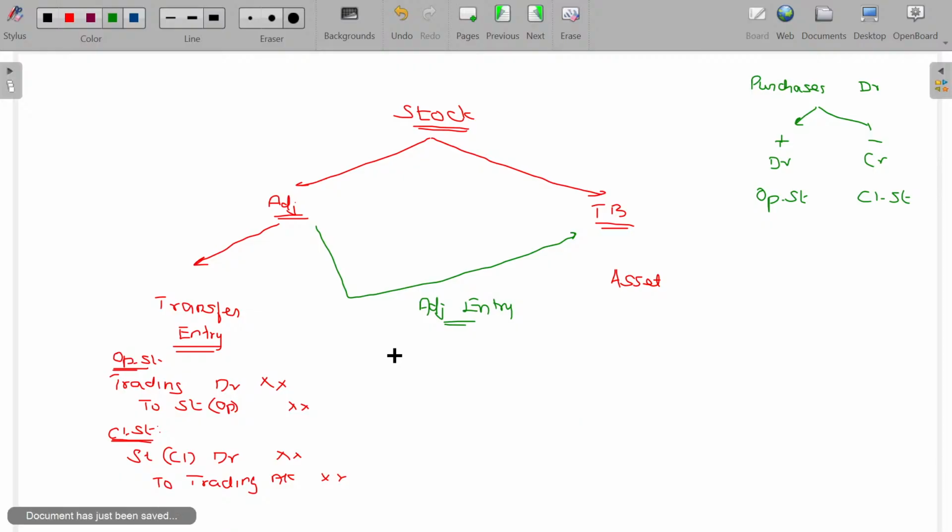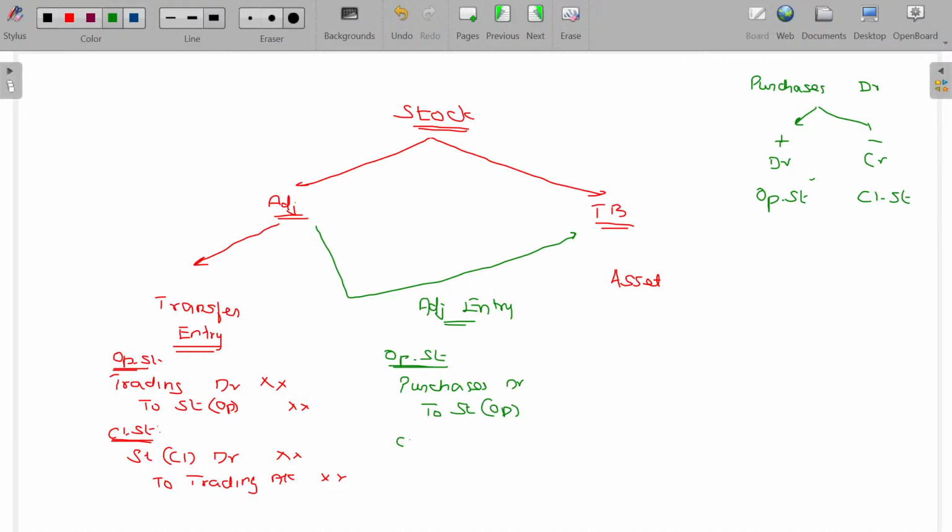The journal entry for opening stock: you have to debit the purchases account. Purchases account debit to stock opening.